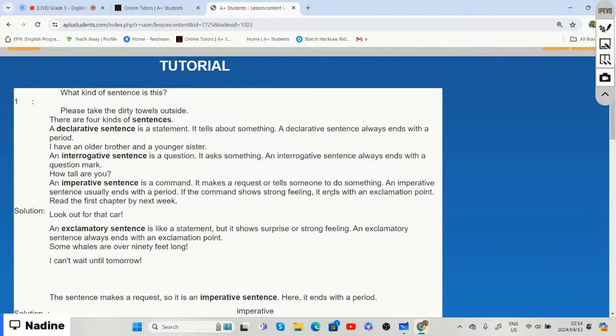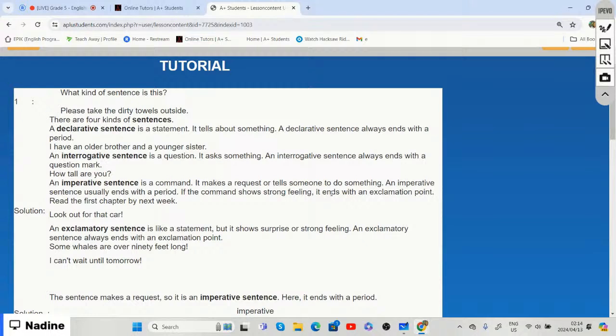For example, how tall are you? Or how old are you? What is your name? Right? So these are all things that require an answer, because a question is being asked.